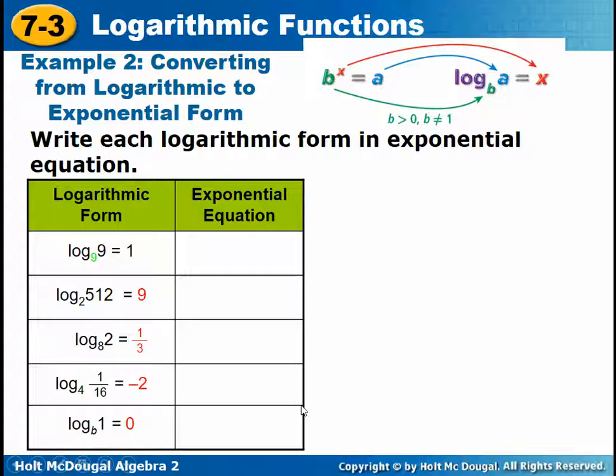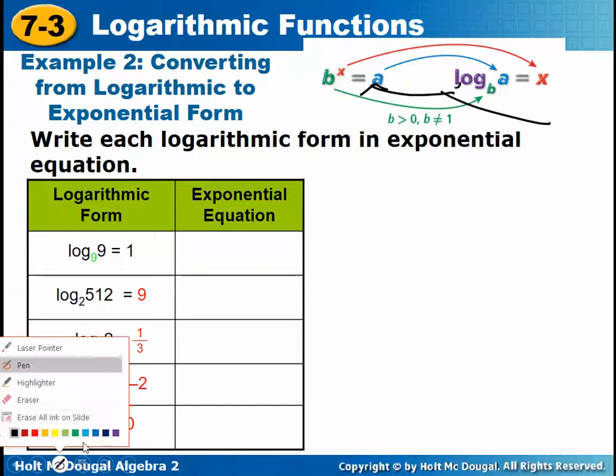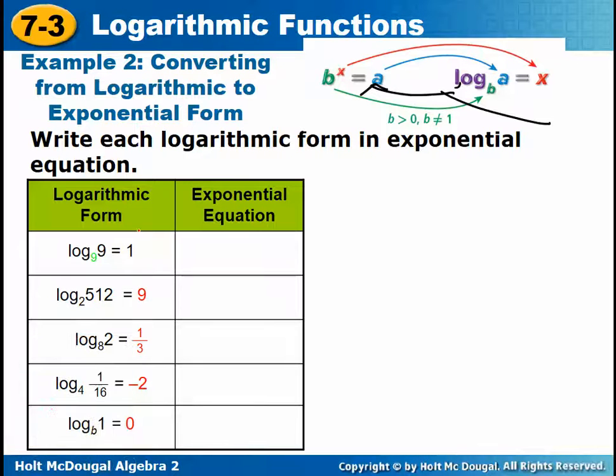Now we're going to look at going the other way. We're going to start with our log form over here, and we're going to rewrite it as our exponential form. So we are going to start off with log base 9, and if you want, you could color code these. So let's see, all of our exponents are red.